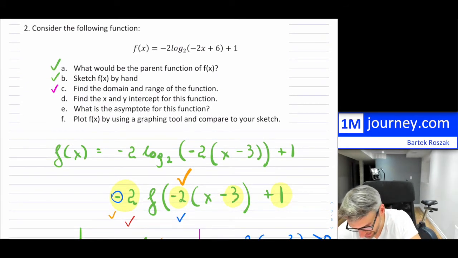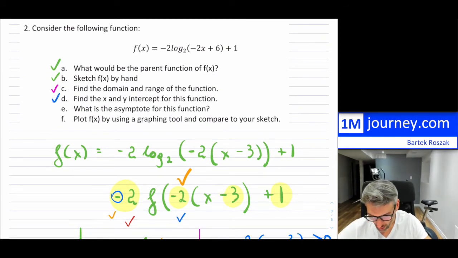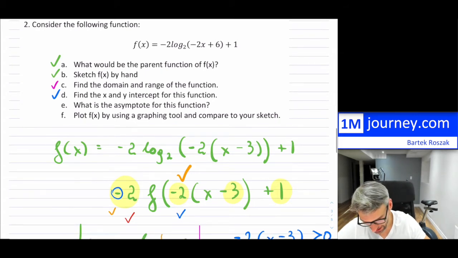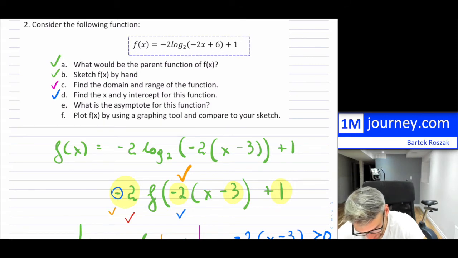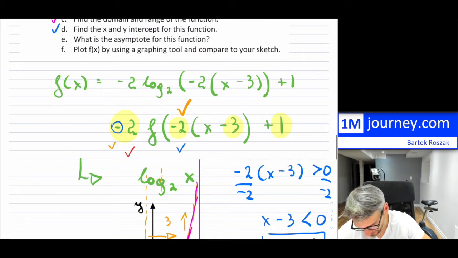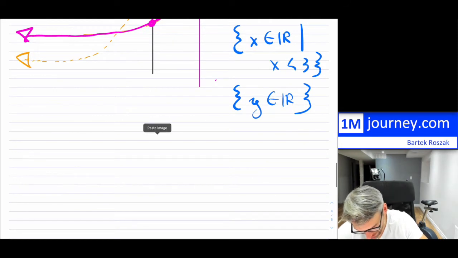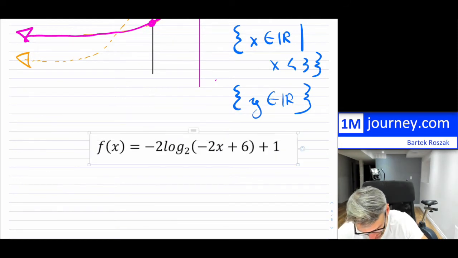Now find the x and the y-intercept. So find the x and the y-intercept. Let me go back here. Copy. Paste. So you can now solve this.